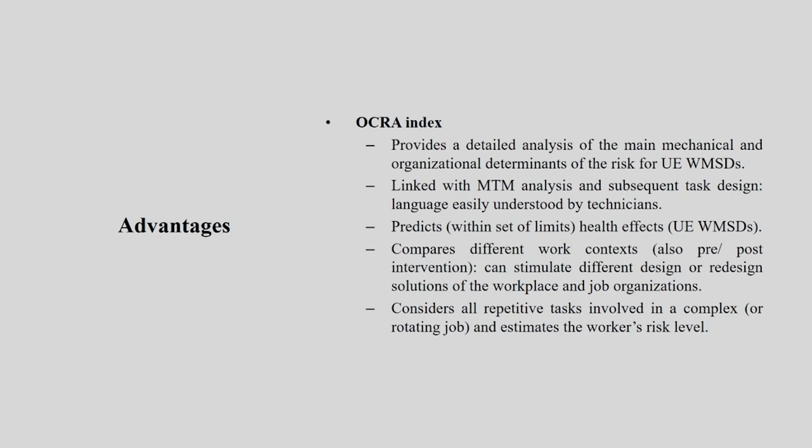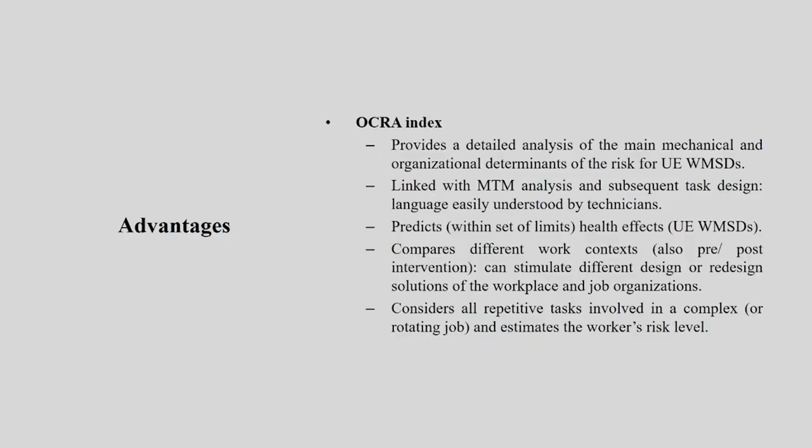It predicts the health effect on upper extremity musculoskeletal disorders within a set of limits. It compares different work contexts and can simulate different design or redesign solutions of the workplace and job organization. This is very important. You can say this is better than that, so you can make a lot of comparisons and choose the best out of any particular design.